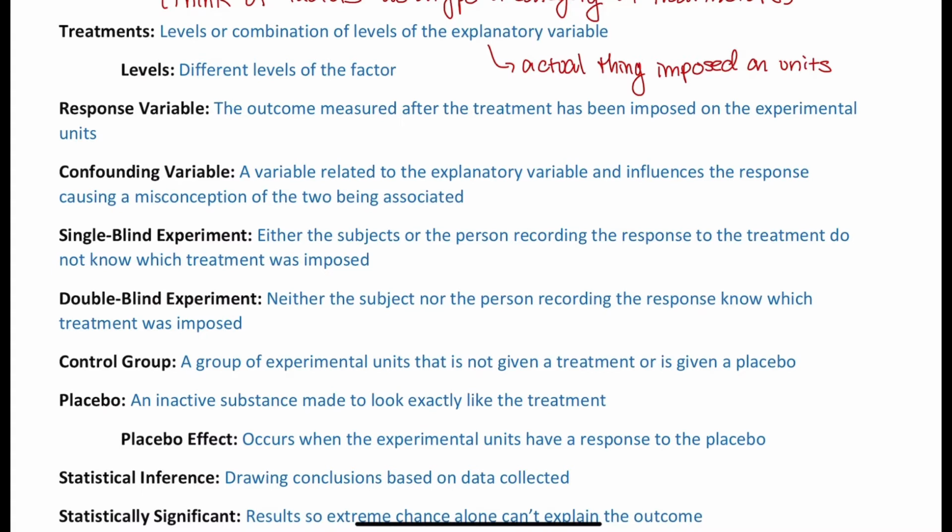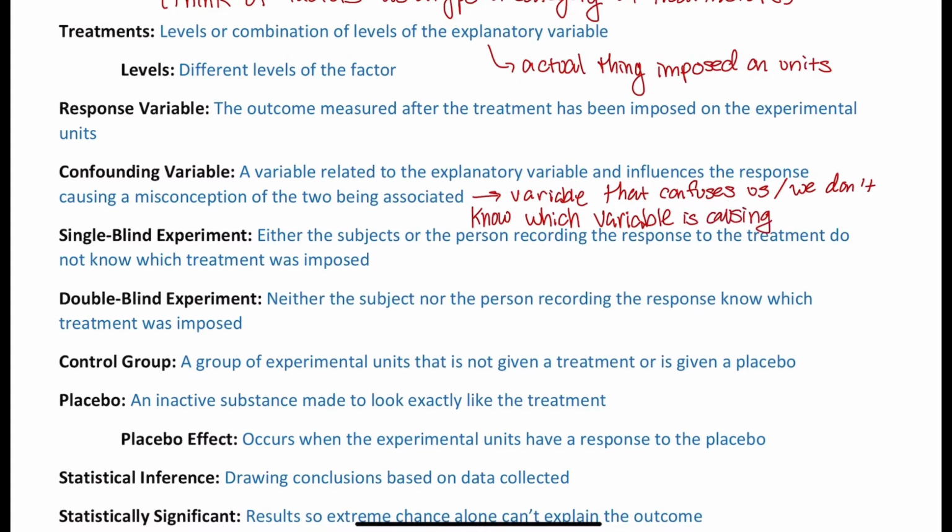Now that's a lot of stuff, but basically, in regular English, we're talking about a variable that confuses us, the people designing the study, and usually with confounding variables, that means we don't know which variable is causing the response. And in some cases, it can actually be a combination of variables.